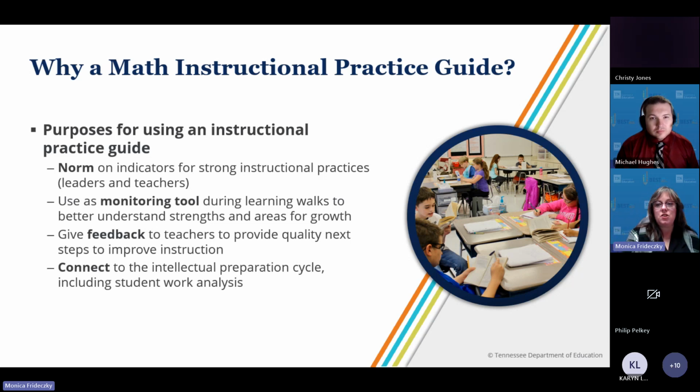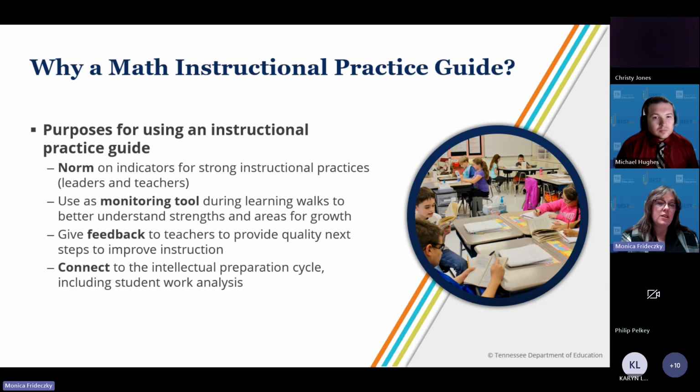What are some areas of strength and what are some areas for growth? And then you use those observations to give quality, timely, and content-specific feedback to your teachers so that it can provide quality guidance for them to improve their instruction and therefore improve student learning.